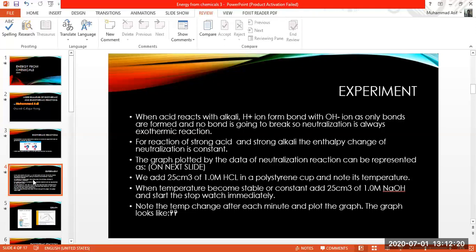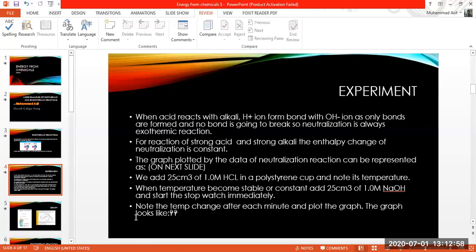What we do, we take a polystyrene cup and add 25 cm cube of 1 molar HCl in the polystyrene cup and note the temperature of the acid using a thermometer. When the temperature becomes stable or constant, then we add 25 cm cube of 1 molar NaOH, sodium hydroxide solution, and start the stopwatch immediately.